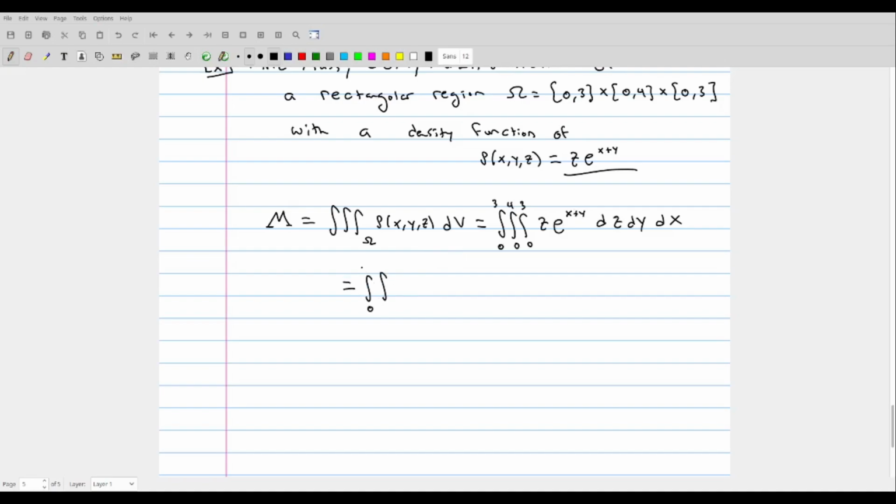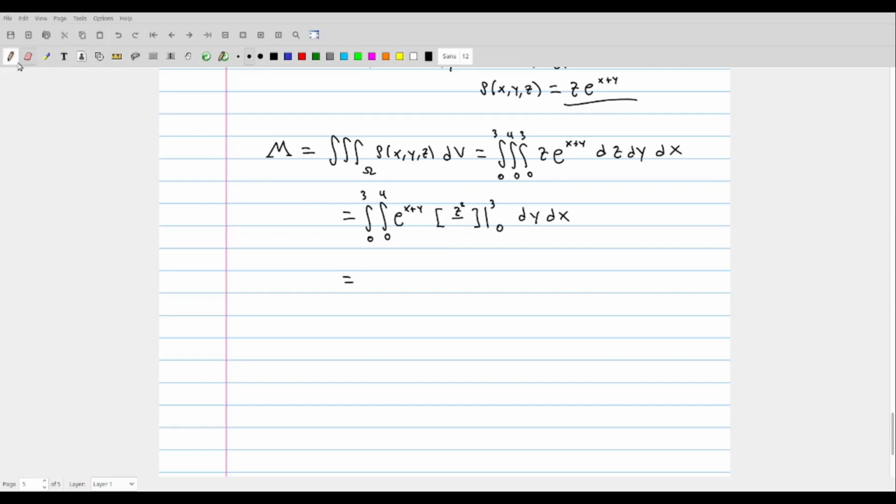So this is the integral from 0 to 3, from 0 to 4, of e to the x plus y times the integral of z with respect to z.